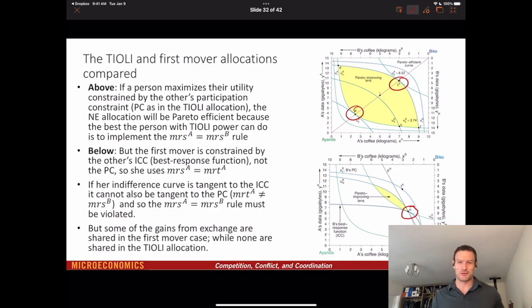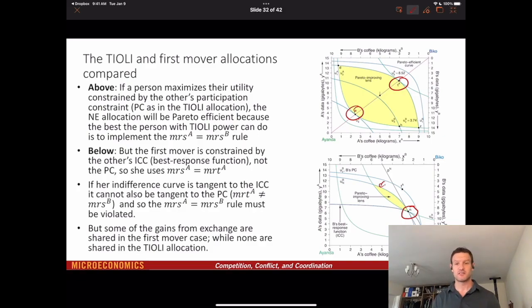Now, the other thing that's important, though, is that if we compare the two situations in which Ayanda has take it or leave it power versus price setting power, there is some difference. The difference there is that the outcome is not as unequal as it was when Ayanda had take it or leave it power. So notice here that Biko has in fact increased his utility.